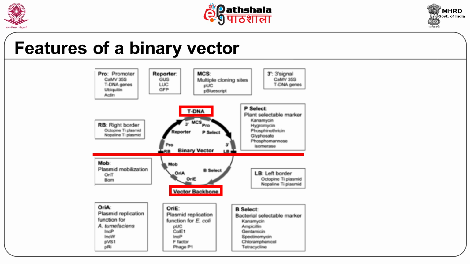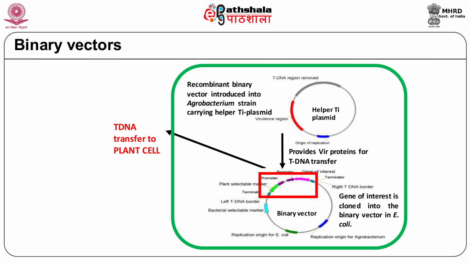tDNA is cloned on a small E. coli plasmid which is called mini Ti or micro Ti. The DNA is integrated within the tDNA region of mini Ti to produce recombinant mini Ti. This recombinant mini Ti is introduced into an Agrobacterium strain carrying a Ti plasmid from which the tDNA has been removed.